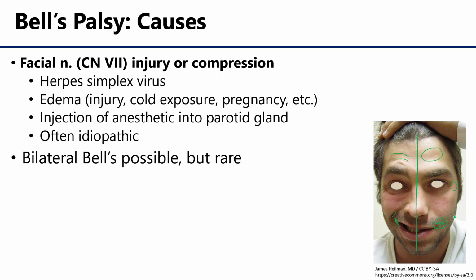If a dental health provider in the course of performing an inferior alveolar nerve block goes a little too posterior from their target, they might inject anesthetic into the substance of the parotid gland, which then could interfere with action potentials along the facial nerve as it moves through the parotid gland.